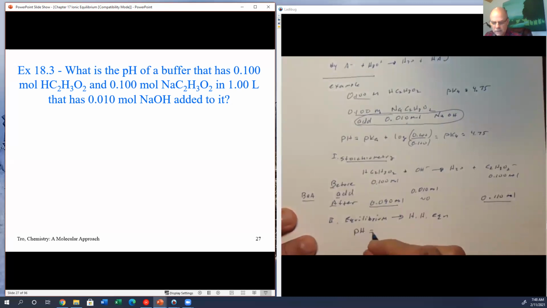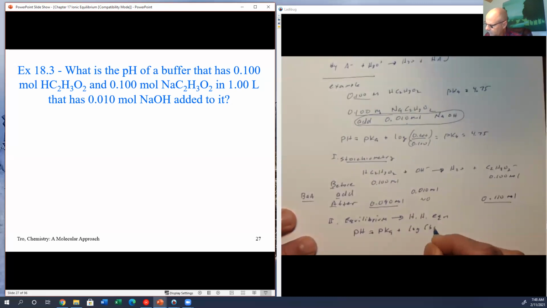So the pH is going to be equal to the pKa plus the log of the concentration of the base over the concentration of the acid. Now notice in this equation, since it is an equilibrium calculation, it uses concentration, okay? In this problem, we're told that we have 1 liter, right? So we could divide these both by 1 liter and find that this is 0.11 molar and this is 0.090 molar, right?